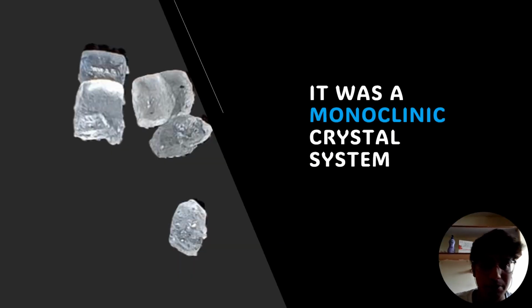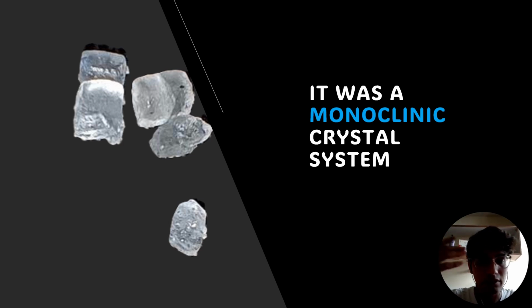Starting with the basics, the crystal has a monoclinic system structure, and unlike the cubic or hexagonal system, the monoclinic system is asymmetrical, with one angle, beta, which is not 90 degrees, and the remaining two angles are equal to 90 degrees.